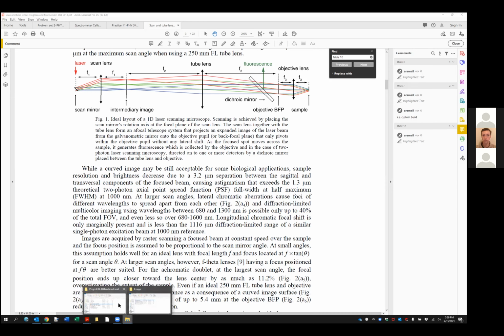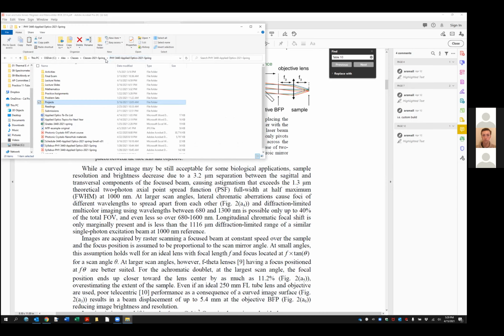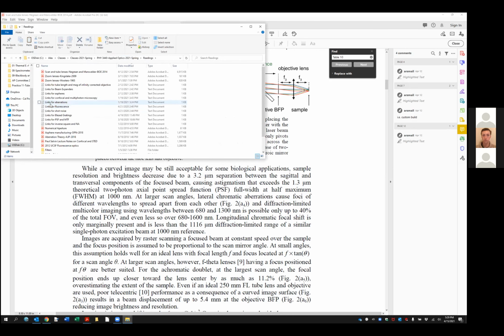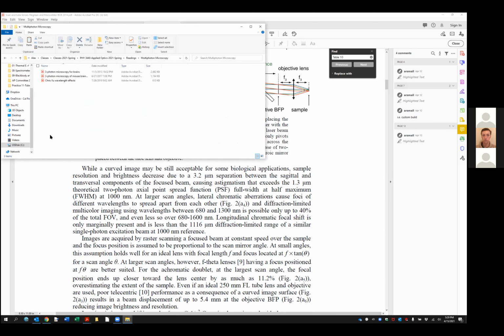You know what, let me skip ahead and just tell you why people do this. We're going to talk about this later in the semester, but basically these techniques are used for looking deep into mouse brains. Why mouse brains? Because they can look a few millimeters in the best cases, and looking a couple millimeters into a human brain isn't going to tell you much.